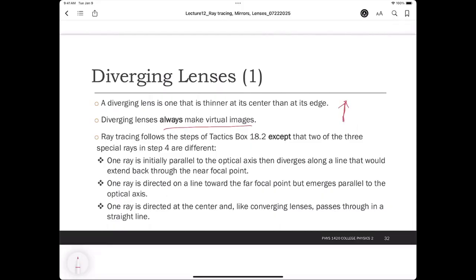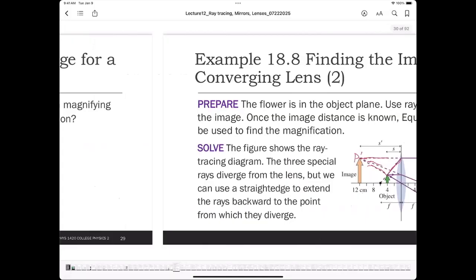And the ray tracing follows the same steps as text box 18.2, except that two of the 3 special rays in step 4 are different. Let's review box 18.4.